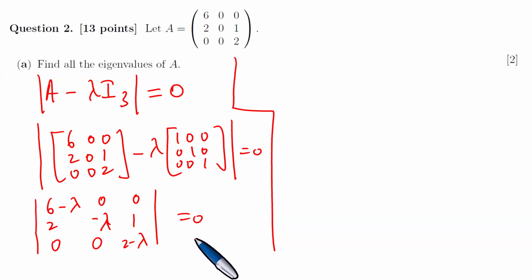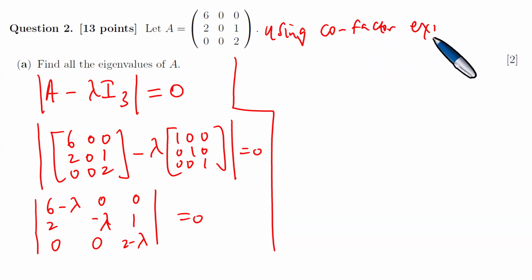We can decide to expand along any row or any column, so we are using cofactor expansion. We're going to take this first row here.